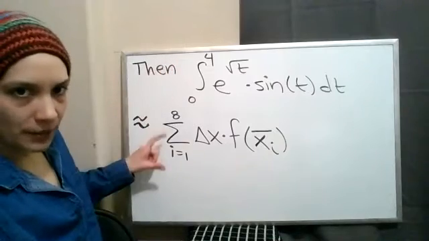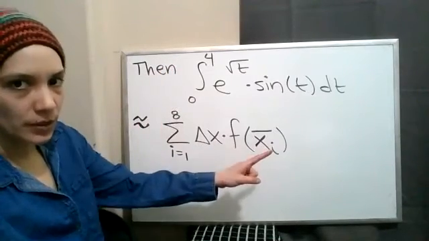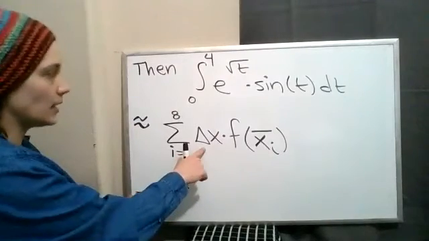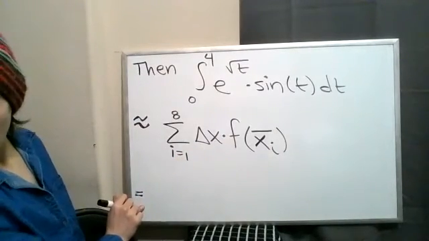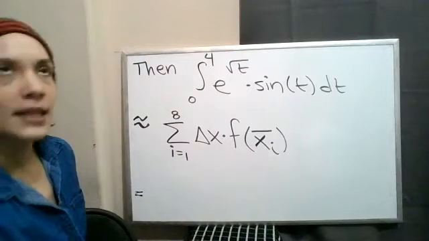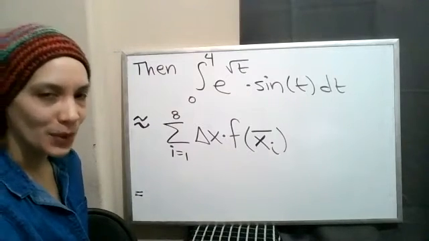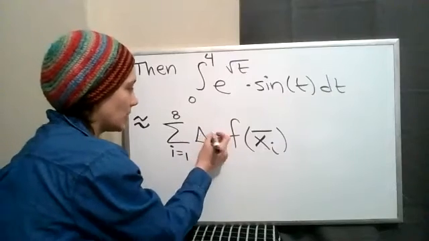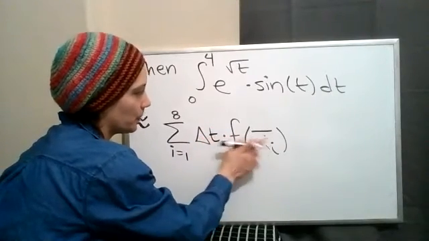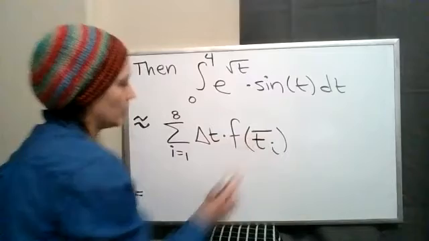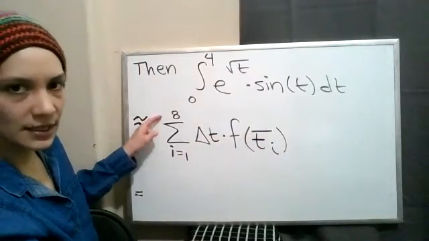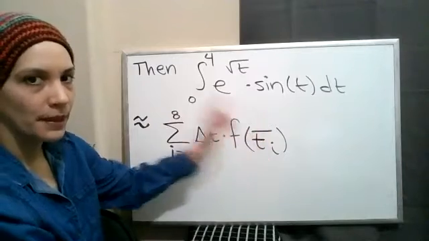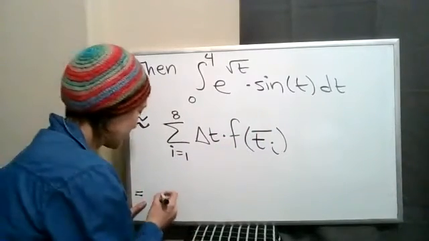Okay, this is about this, and this number is equal to delta x, which was 1/8. Oh, I'm sorry, this time it's delta t, and delta t was equal to 1/2. These were supposed to be all t's every time. Okay, so the sum from i equals 1 to 8 of delta t times f of t sub i bar is equal to 1/2.